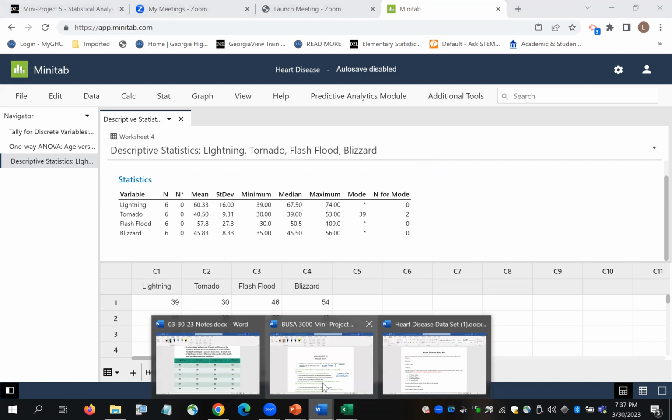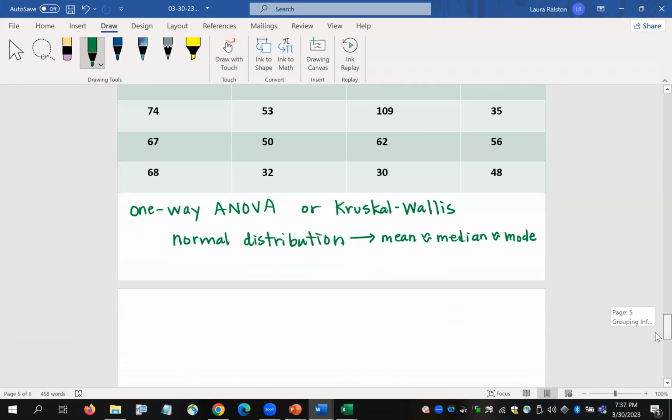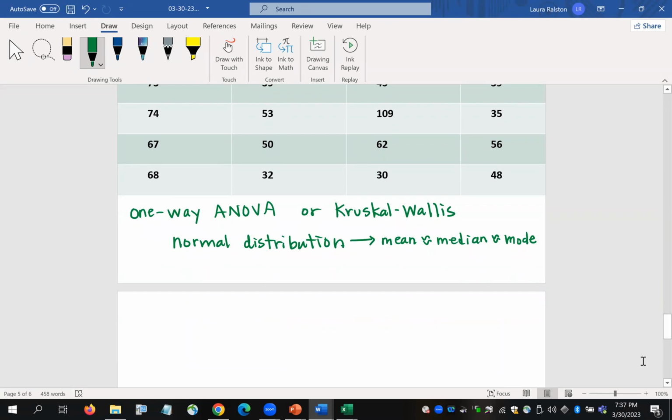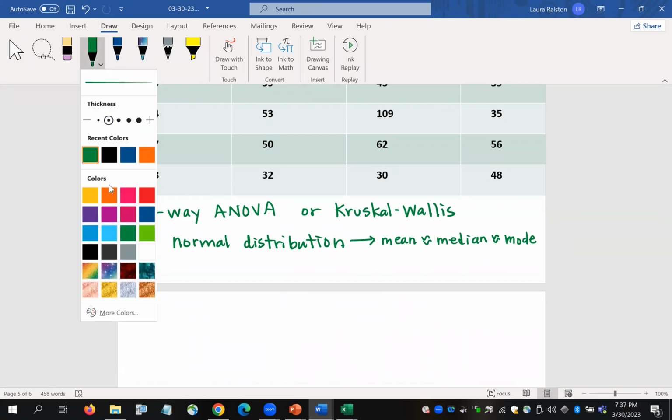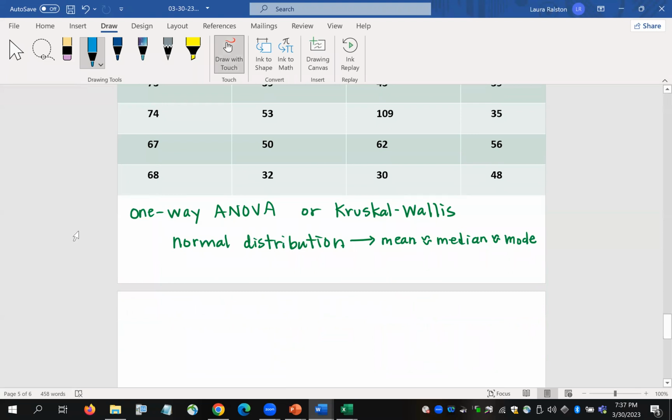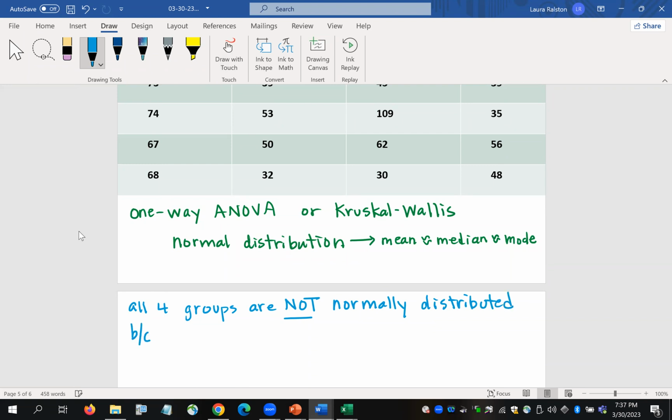Okay, so because it's not normal, they're all 4 not normal, I'm going to make you some notes here. All 4 groups are not normally distributed because the mean is not approximately equal to the median.